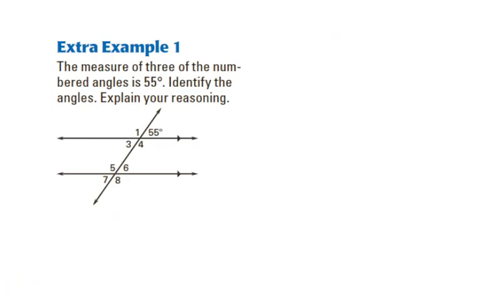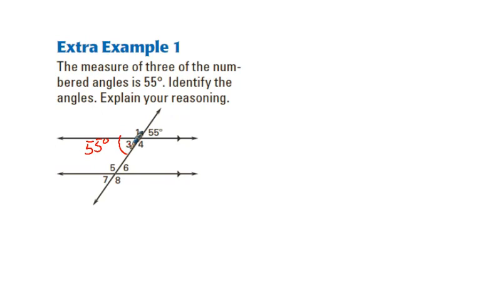Here we have an example. It says the measure of three of the numbered angles is 55 degrees. Identify the angles. If you know this angle is 55 degrees, you know that this angle is 55 degrees because of vertical angles.